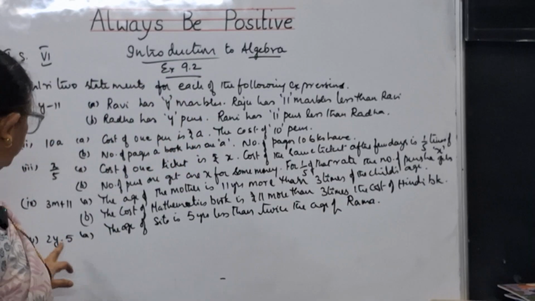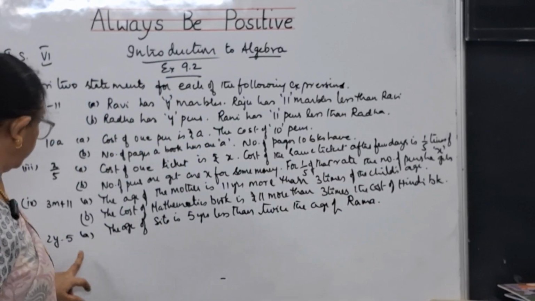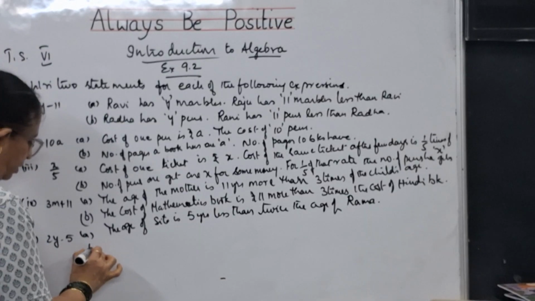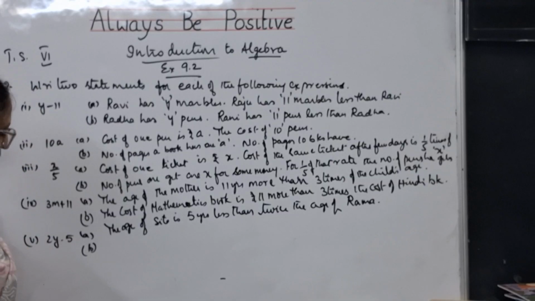So Sita's age is 5 years less than twice of Rama's age. And another one, the B part.